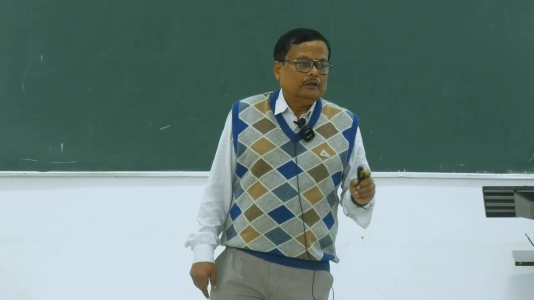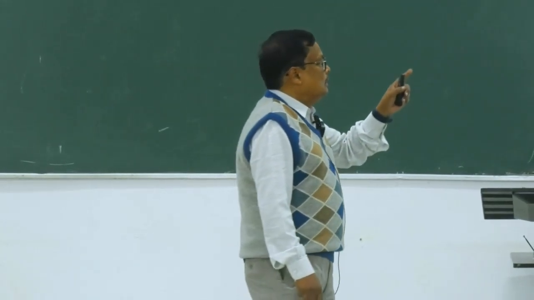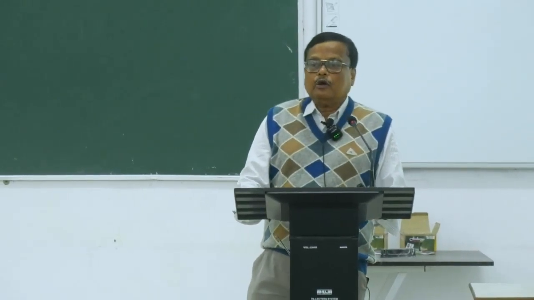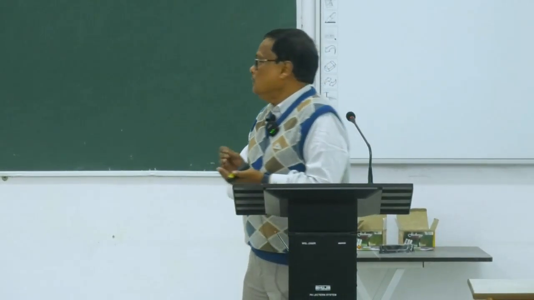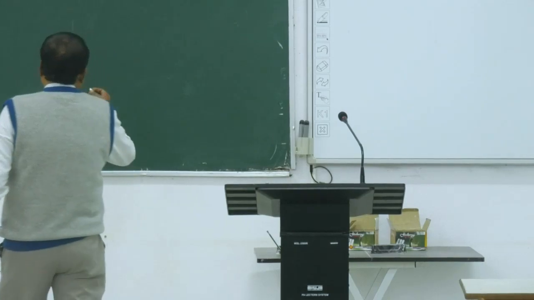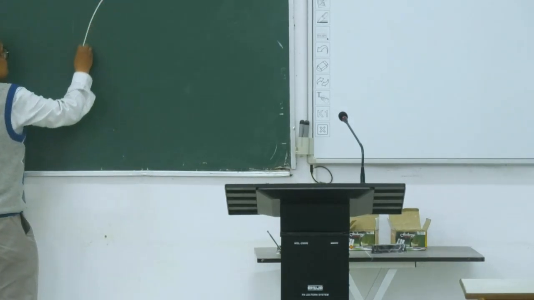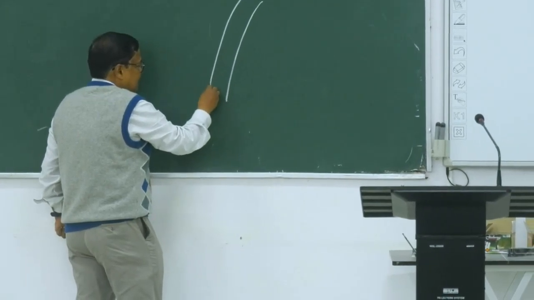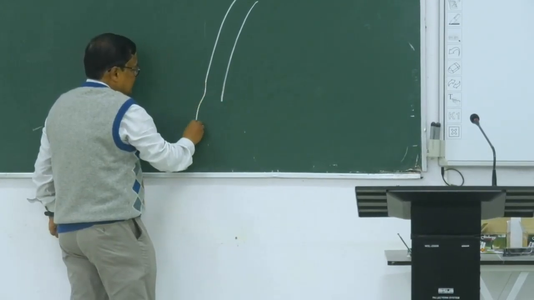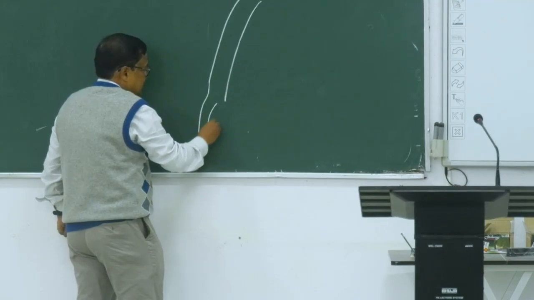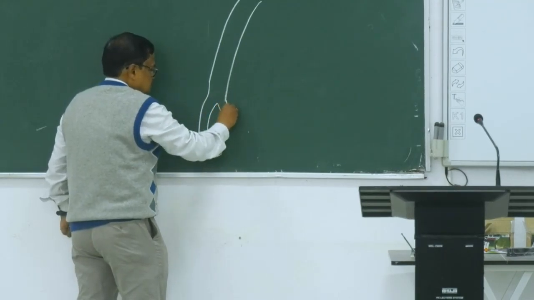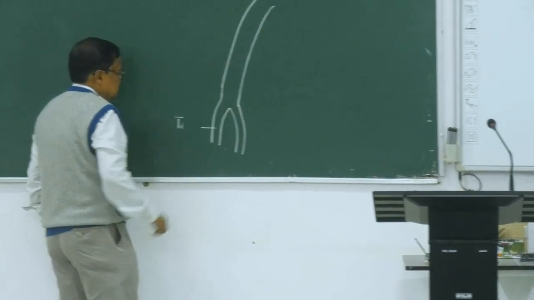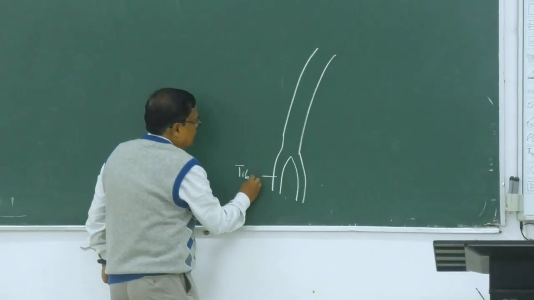Number 3, nerve supply. They are supplied by the tibial component of the sciatic nerve. What is the matter here? This sciatic nerve, at the lower part of the thigh or in the popliteal fossa, divides into 2 divisions. One is the tibial nerve and the other is the common peroneal nerve.